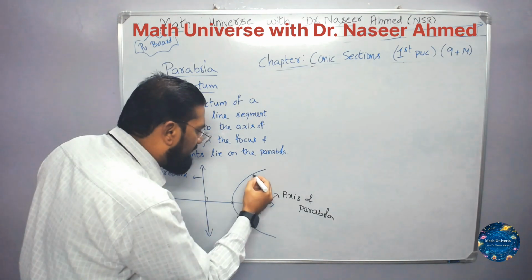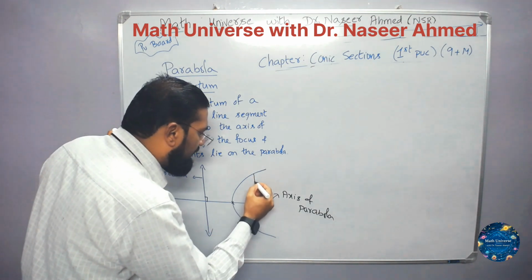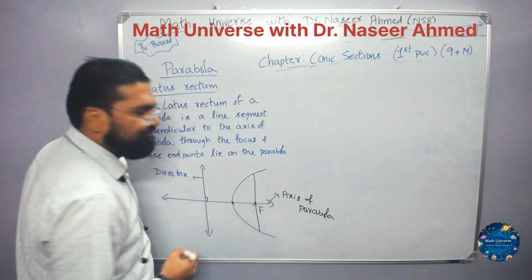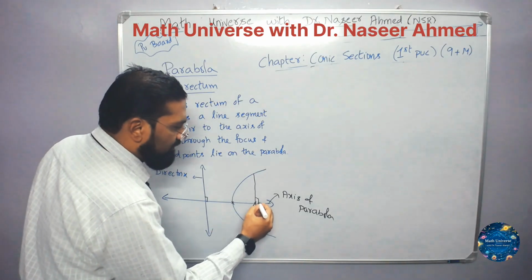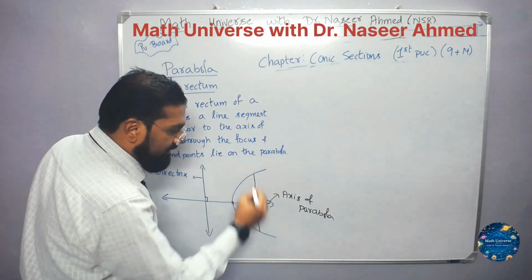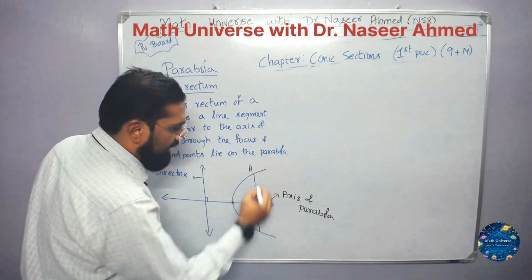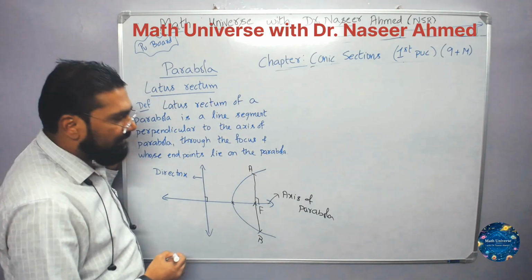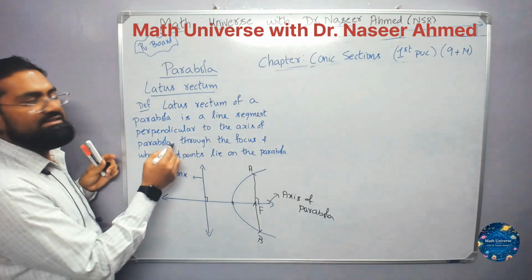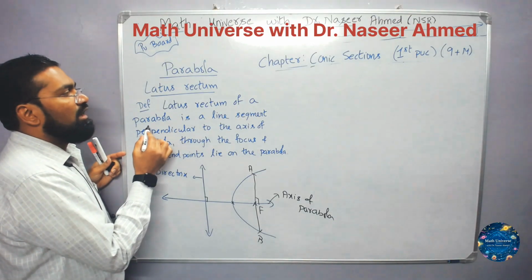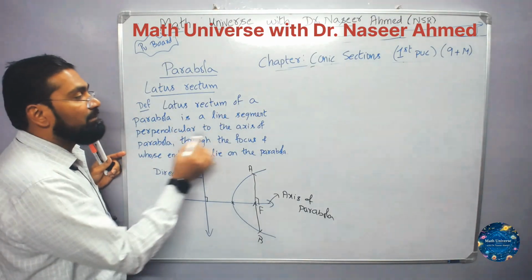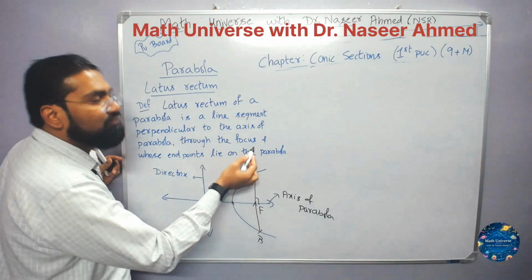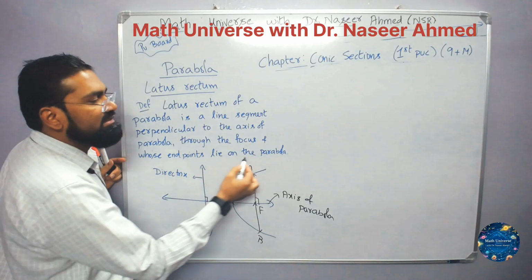So any line passing through the focus and perpendicular to the axis of parabola, and let the end points be A, B. You can see the end points are meeting the parabola, the curve. Latus rectum of a parabola is a line segment perpendicular to the axis of parabola through the focus and whose endpoints lie on the parabola.